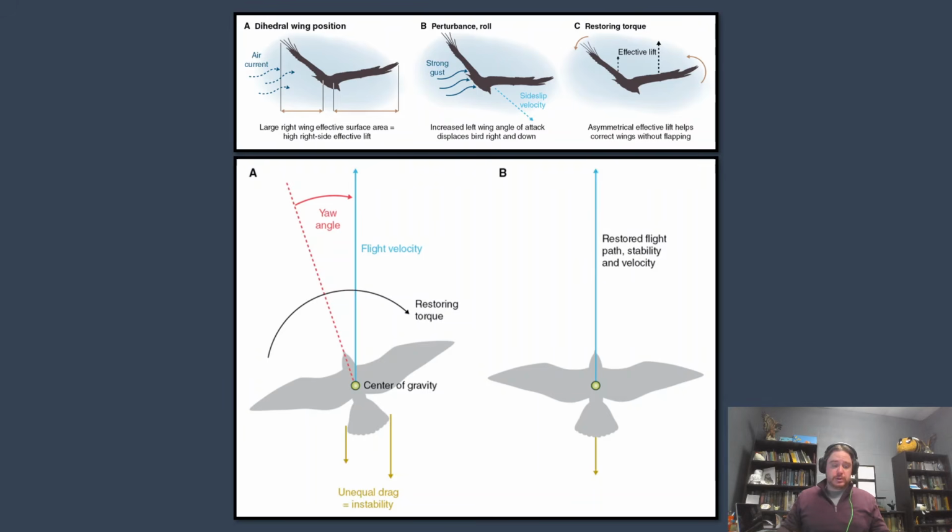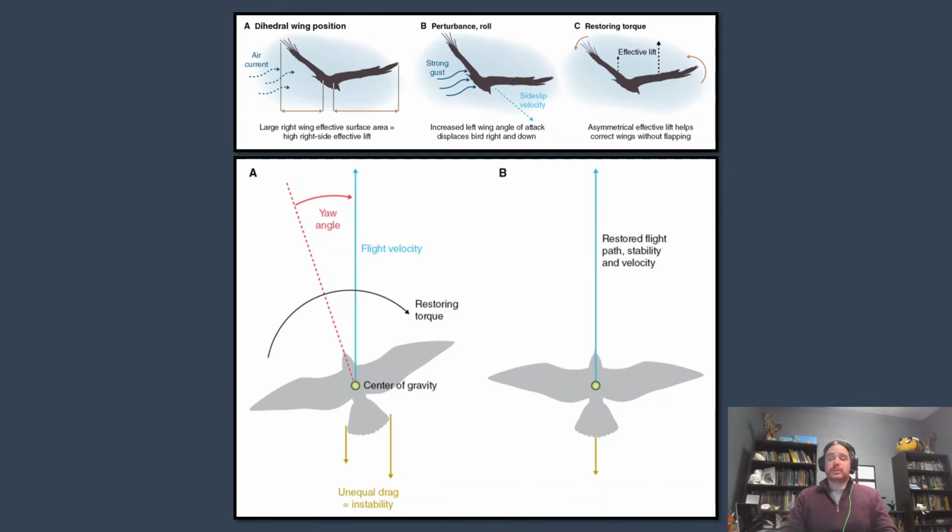As it becomes parallel with the free stream velocity, lift on that wing will be greater than it will be on this wing. And since lift is greater over here, it lifts the bird back up to its original position. That's how it works. As the bird tilts in one direction, the lift generated on one side automatically corrects.